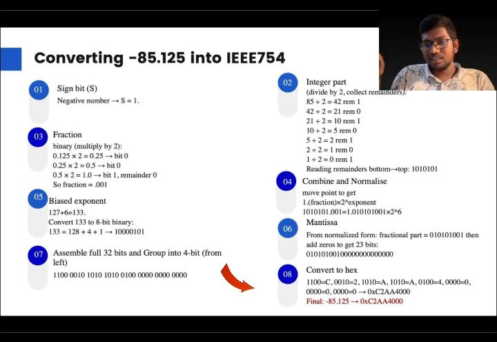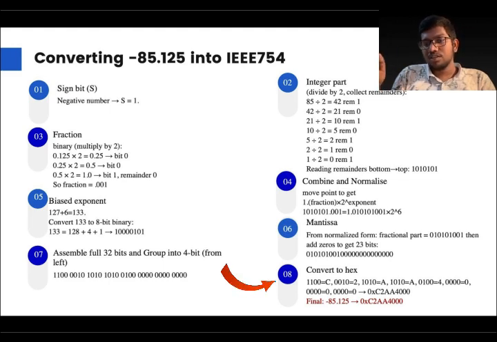So what we get is 0x. We should put 0x every time we represent a number in hexadecimal format, in order to recognize it as hexadecimal.